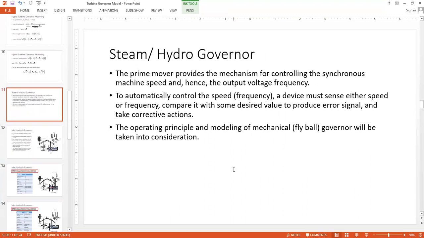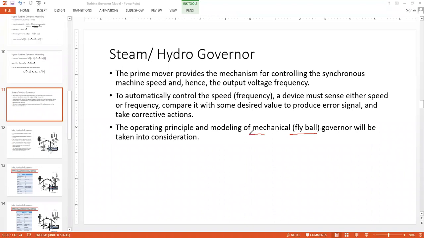There are different types, and along with time, the type of governor mechanism has also evolved from the very old type to some modern types. We'll be taking one of the examples, known as the fly ball type governor mechanism.